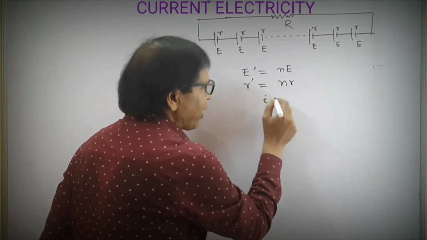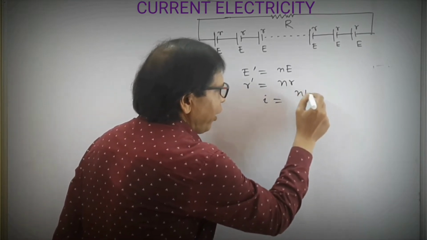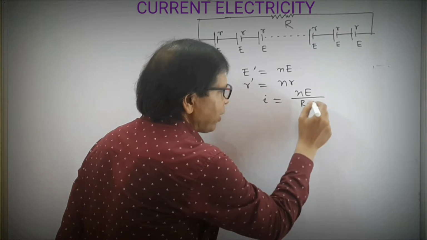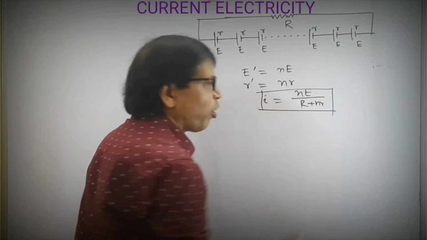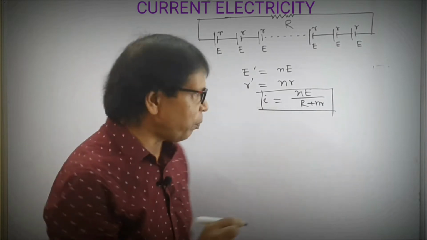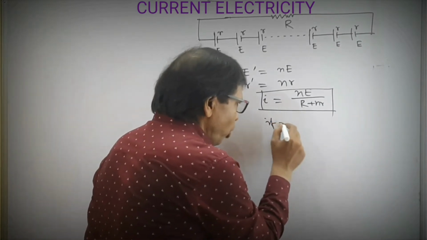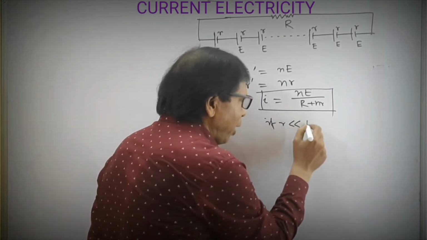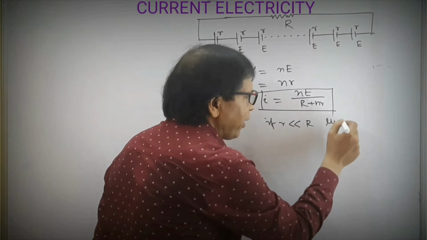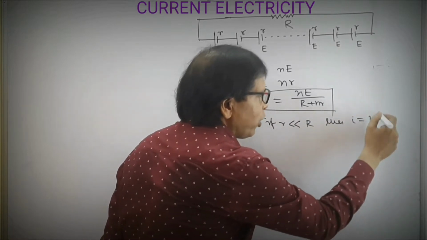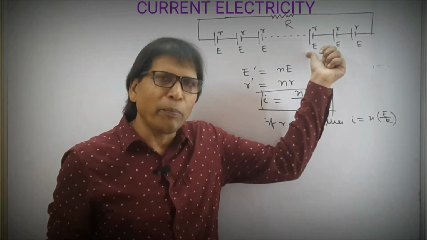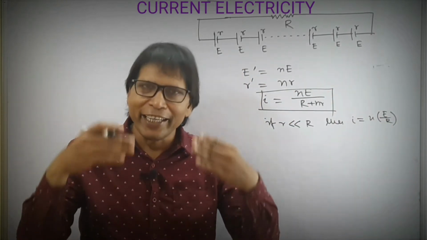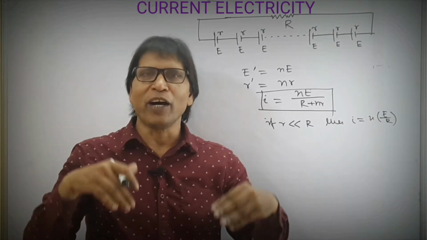So current I equals NE divided by R plus Nr. Okay, this is the current in series combination. Now, if small r is less than capital R, then look at this, I equals N into E by R. So from this combination, we get N times the current sent by one cell.